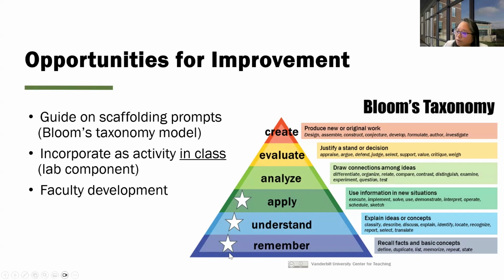For our course, as one of the foundational courses, one of the main things is to start at the remember level. So create some questions to help them define and identify structures, identify terminology, and then move on to a prompt that asks for their understanding. Can they classify, can they discuss or explain the concepts that they're being taught in histology and physiology?